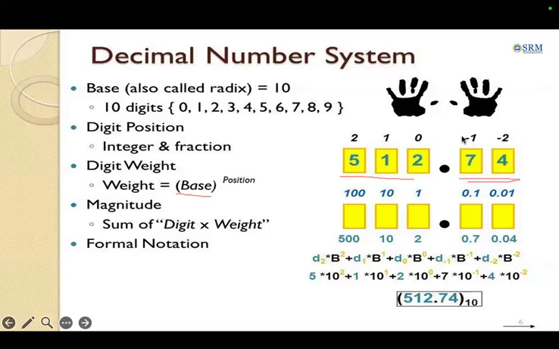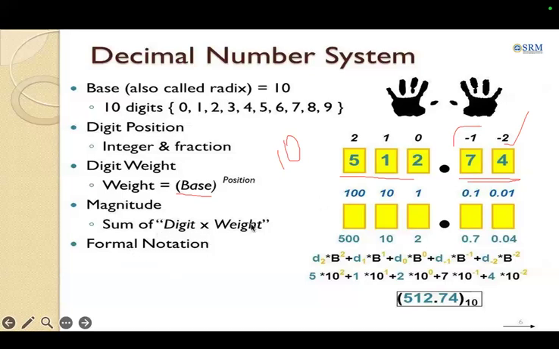And what is the base for the decimal system? It is 10. So the weight for this is 10 power -1, then 10 power -2, 10 power -3, and it goes on like that till 10 power -n.